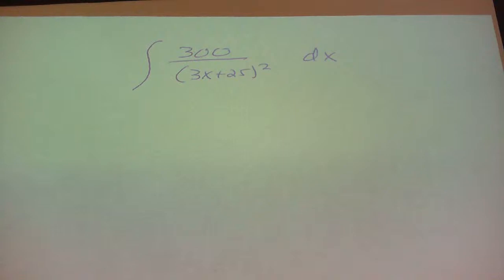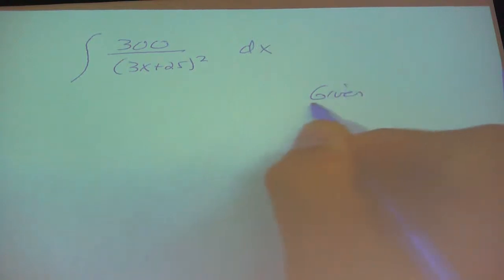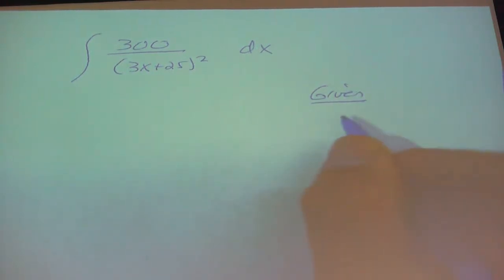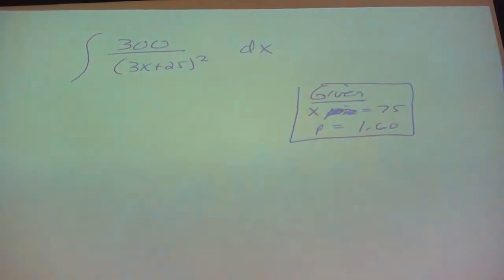When you take the integral, you're going to have a plus c. So to take care of the plus c, it's given that when the supply, when x is 75, the price is $1.60. Then you can find what c is.